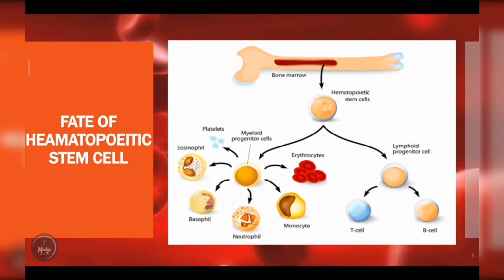Hematopoietic stem cells have two fates: they can differentiate into myeloid progenitor cells or into lymphoid progenitor cells. Lymphoid progenitor cells further differentiate into T lymphocytes and B lymphocytes. Myeloid progenitor cells further differentiate into erythrocytes, other leukocytes, and platelets as well.